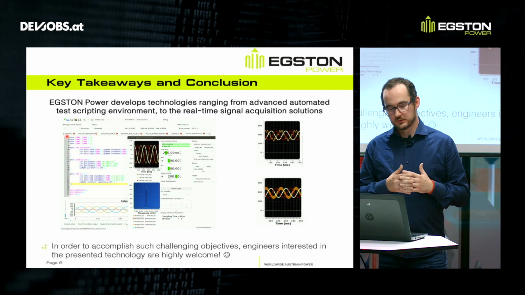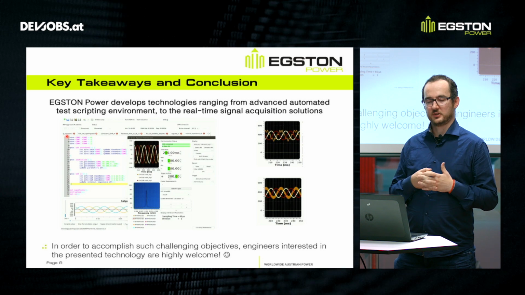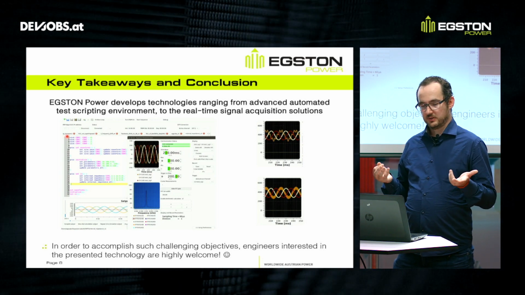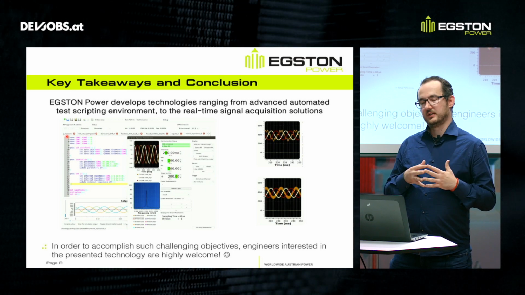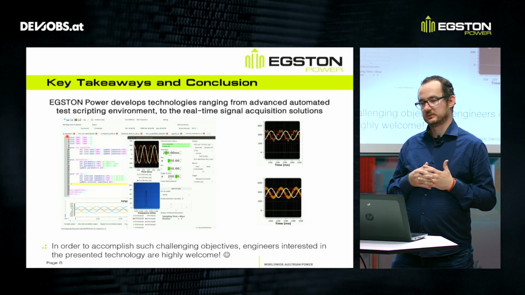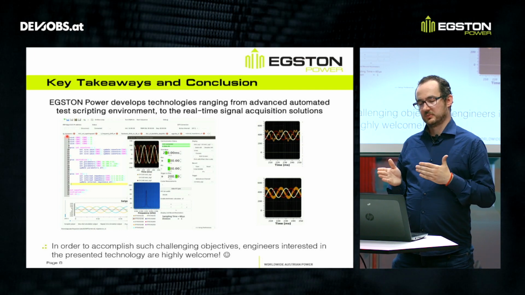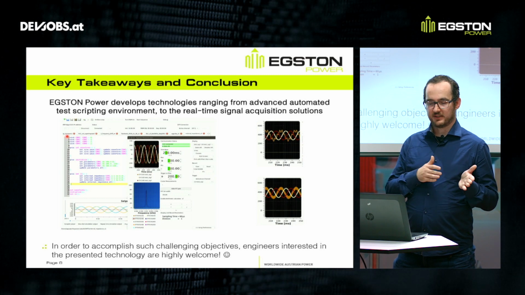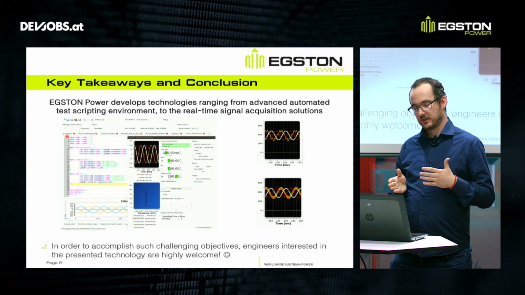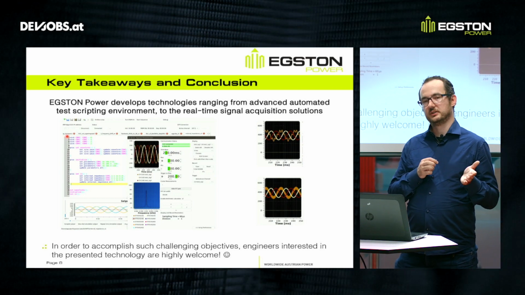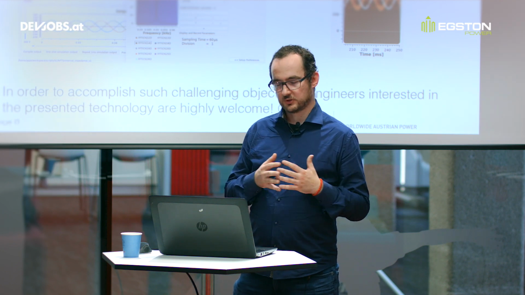And if I could conclude, the message that I would like to convey would be actually that EGSTON Power develops various technologies which cover high power power electronics test devices, automated solutions up to 1 megawatt, including signal generation in real time, but also signal acquisition in real time, meaning that the measured values can also be stored in real time.